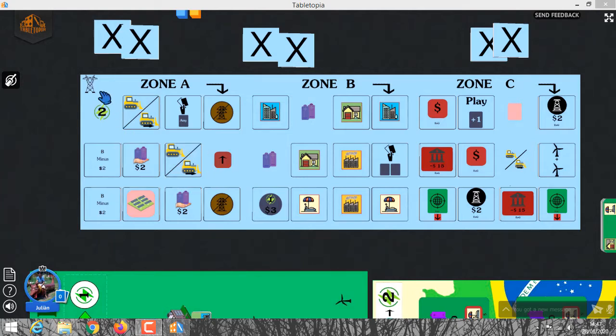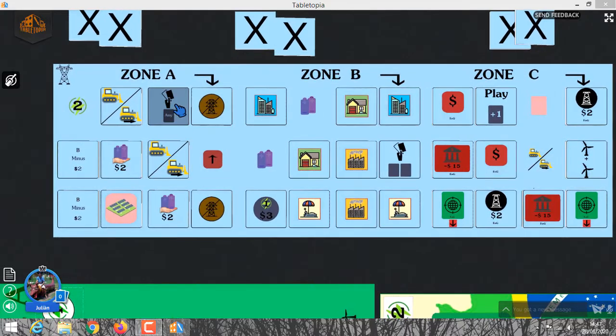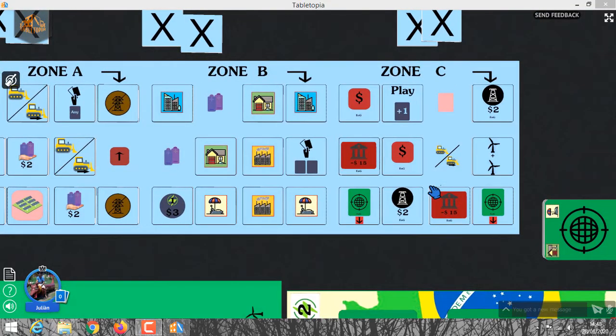So when you build a tower, depending on the zone that you have built in, you can take 2 bonuses from this board. These bonuses affect your ongoing abilities, and some are for end of game scoring.